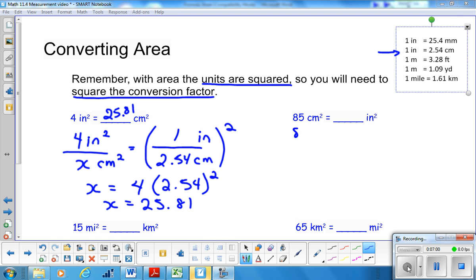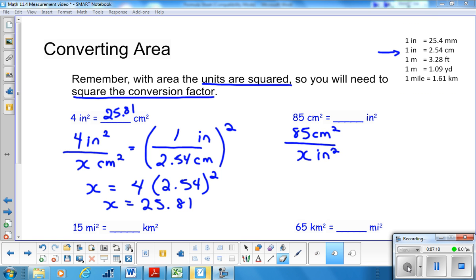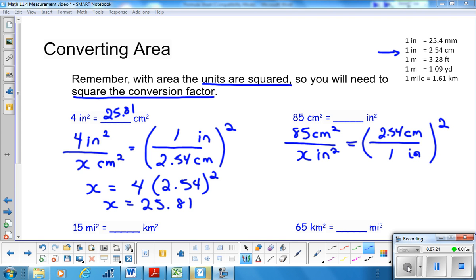If we are doing 85 centimeters squared, and we are changing that into square inches. Sorry, that should be an equal sign. On the opposite side of the equal sign, we need our conversion factor, centimeters in the top, inches in the bottom. 1 inch is 2.54 centimeters, and then we need to square that for our conversion factor.